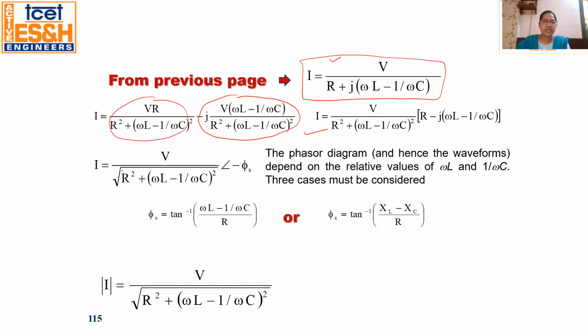Now I in polar form we also represent like this: V divided by the impedance of the circuit, multiplied by the angle. The angle is tan inverse of (XL minus XC) divided by R. So this is the magnitude of current, and this is the current with the angle.